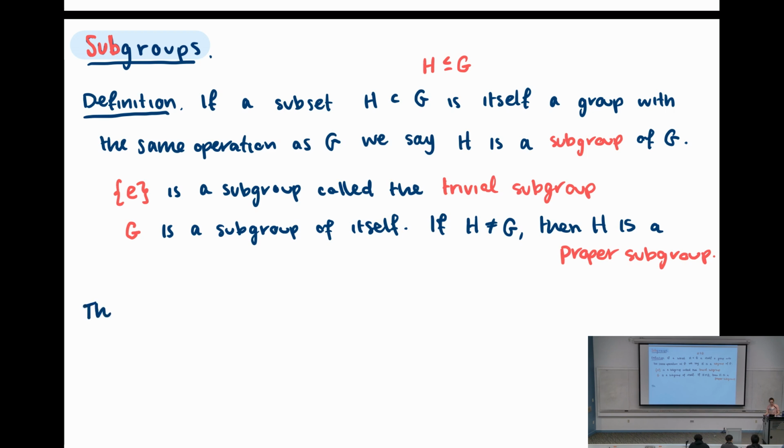So this is a theorem. The book really likes to give the theorems and statements catchy names, which I like because it makes them easier to remember. The catchy name for this one is the one-step subgroup test.